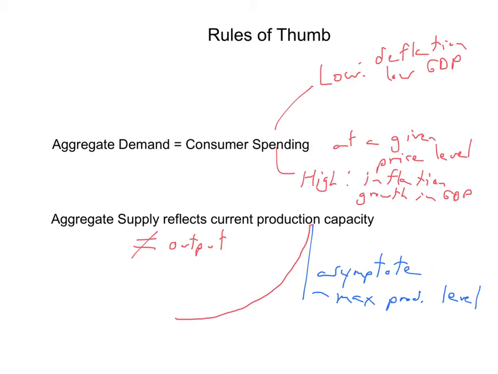Why is it curved? Well, because of the law of increasing cost, right? At a low price, well, so if we're going to produce this amount, then we're not going to have to pay a whole lot in terms of wages and prices for goods. But if the entire economy starts to hum a little bit, you're going to have to tempt people into the workforce that weren't in the workforce before, you're going to have to buy resources that perhaps went fallow before, just sort of were not being used.